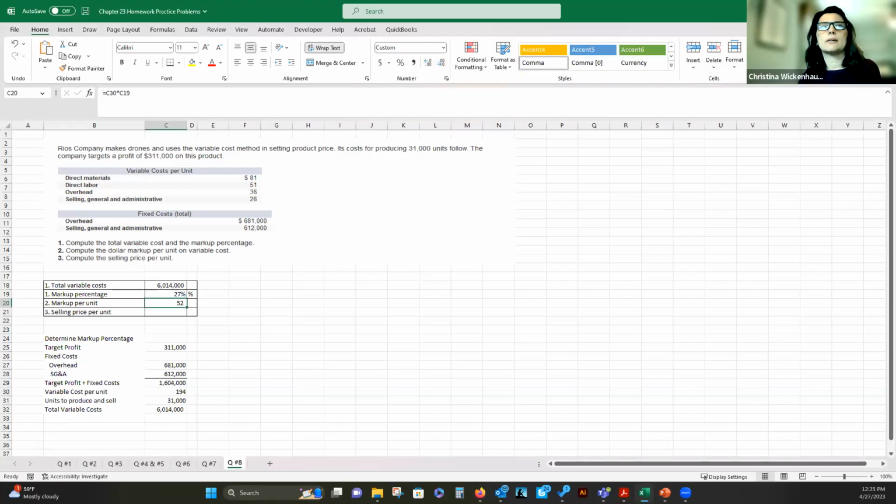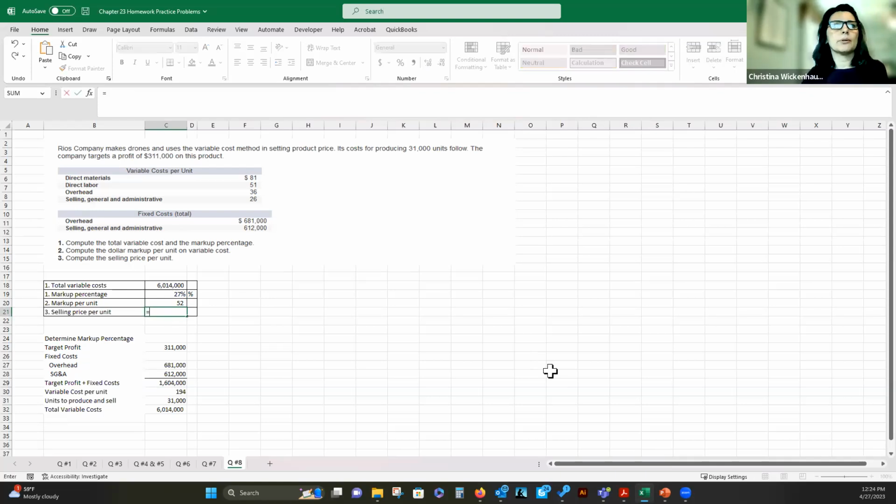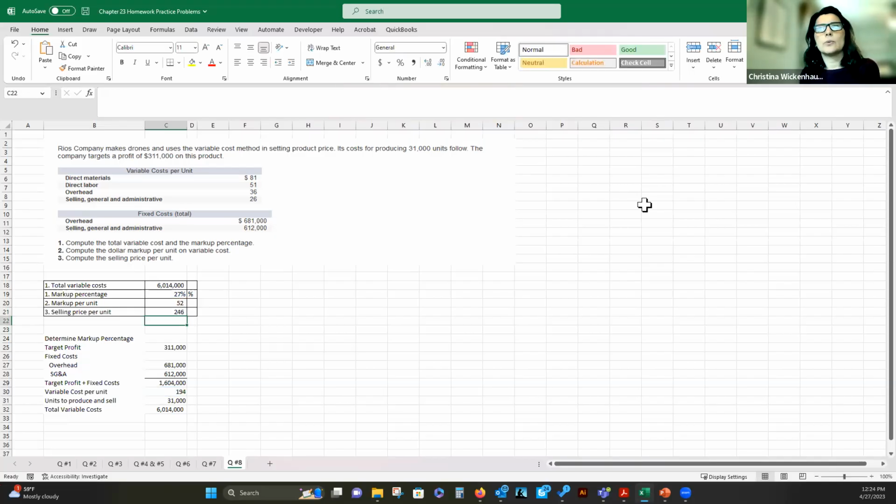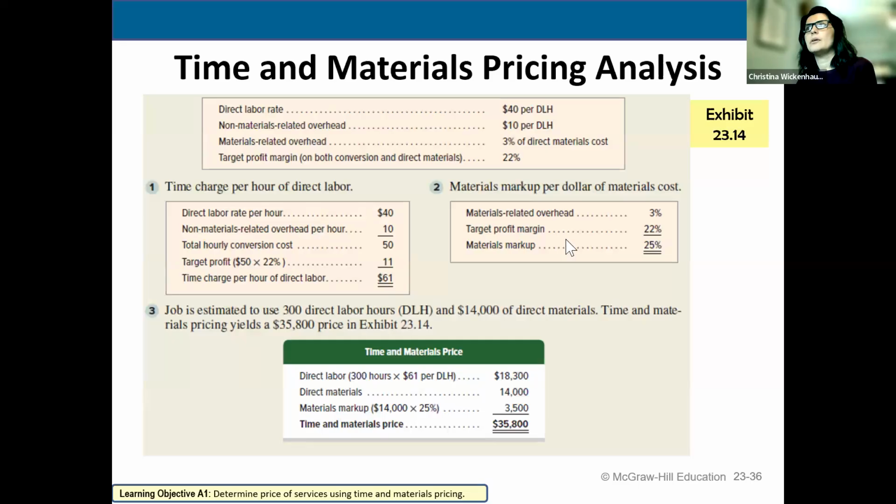So it would just be that. And then our selling price per unit is going to be our variable cost per unit plus our markup per unit. So we're going to sell it for $246.